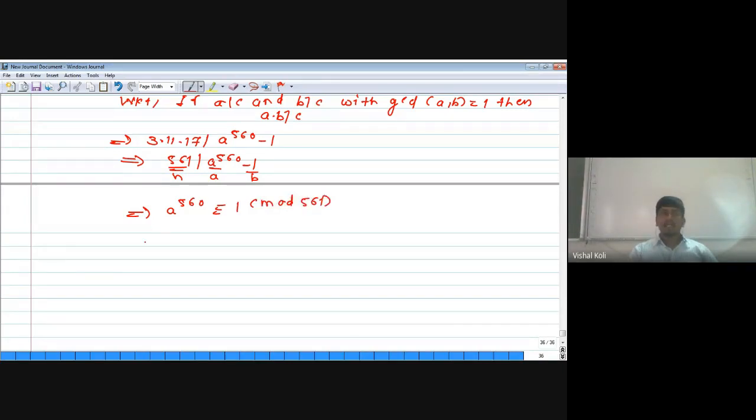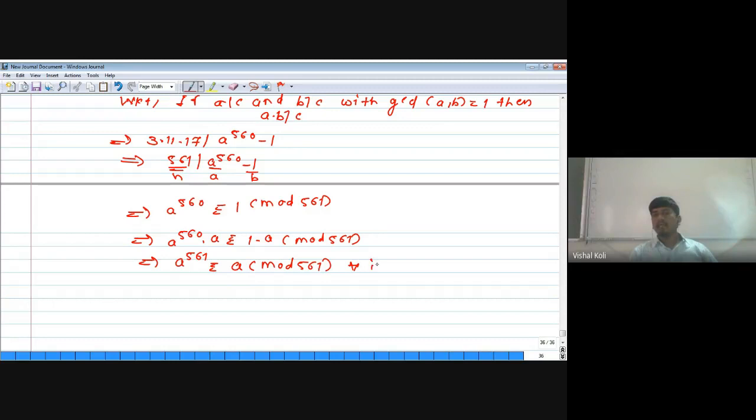Now multiply both sides by a. We get a to the power 560 into a is congruent to 1 into a modulo 561, which implies a to the power 561 is congruent to a modulo 561 for all integers a with GCD of a and n equal to 1. Then by definition of absolute pseudo prime, 561 is an absolute pseudo prime.